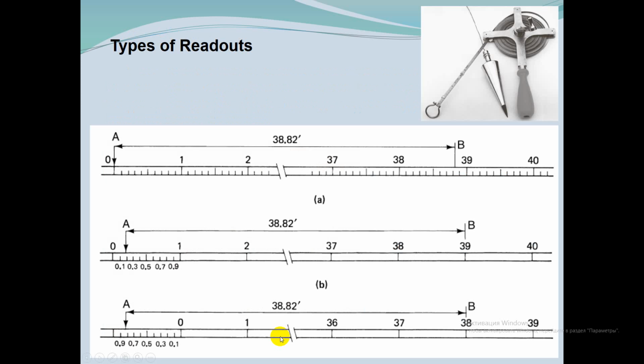Steel tapes are normally graduated in one of three ways. Consider a distance of 38.82 foot. The first one, the cut tape, is marked throughout in feet with the first and last foot graduated in tenths and hundredths of foot.